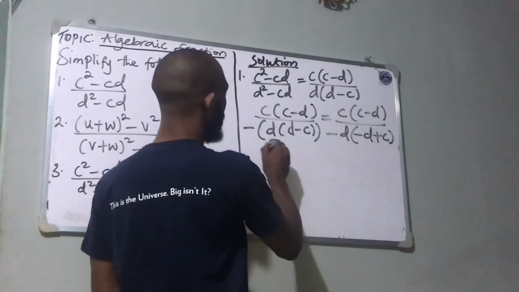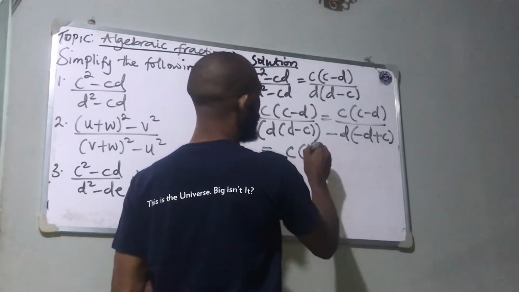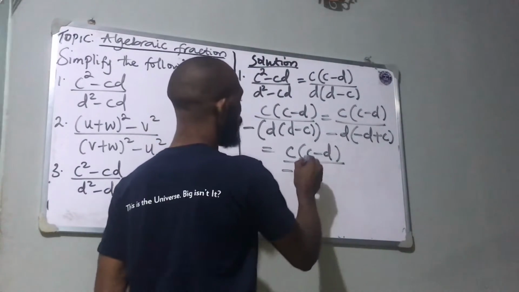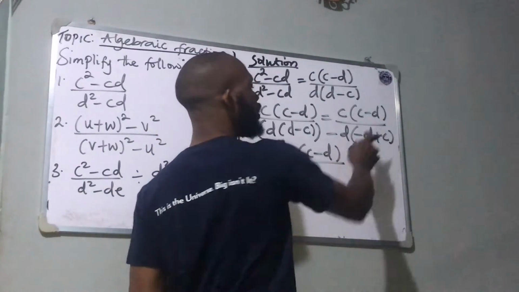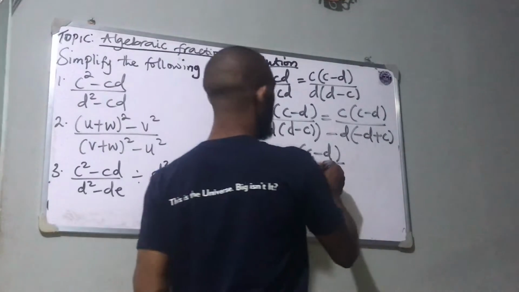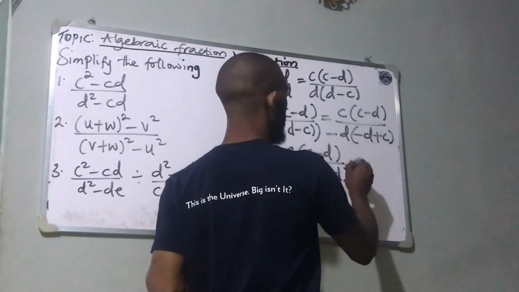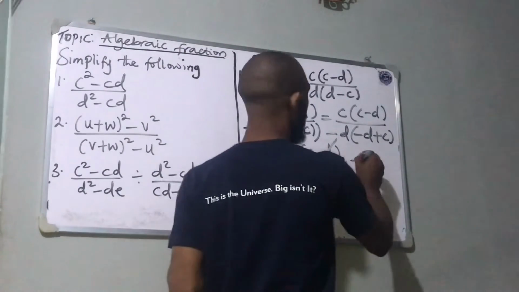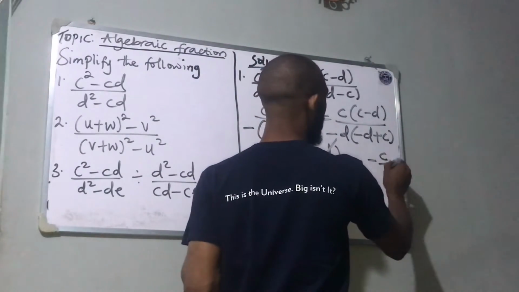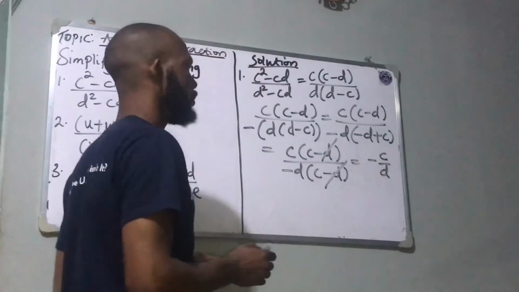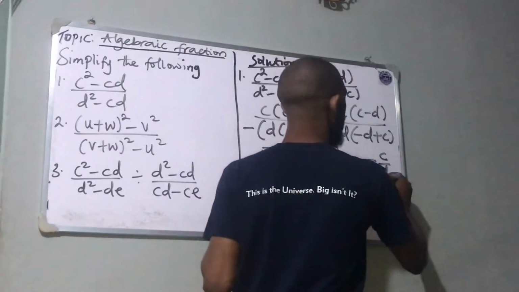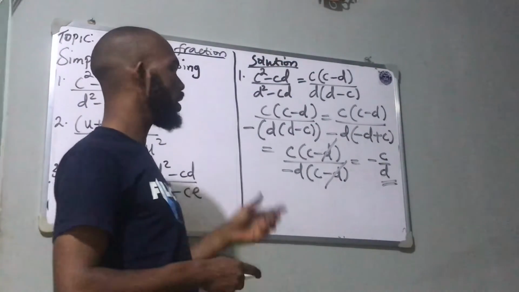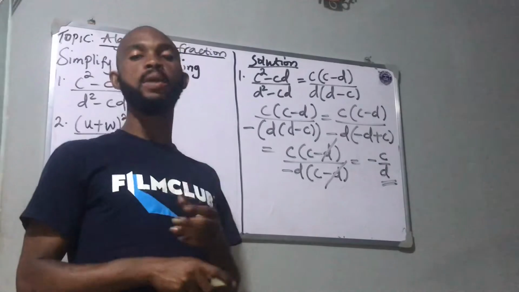And of course, the numerator still remains the same, while the denominator is minus d plus c, so we can just switch the position, so we have c minus d. And of course, this and this are the same, so they can cancel out, and we're left with minus c over d. So this is the lowest term, because you're asked to simplify, and when you're asked to simplify, it is to leave your answer in the lowest term.